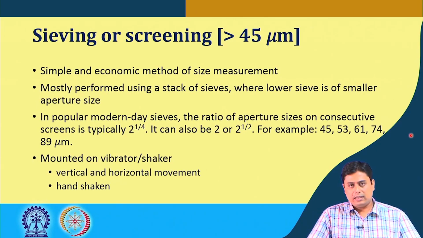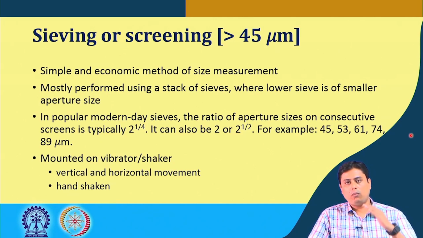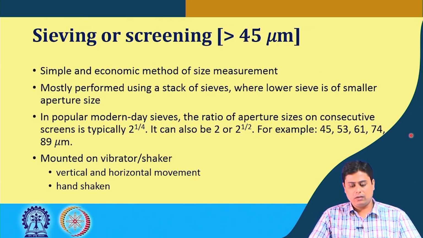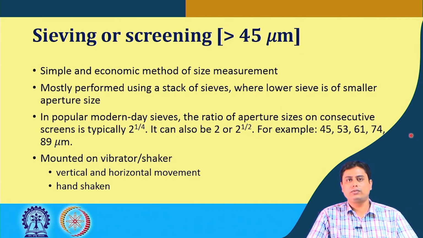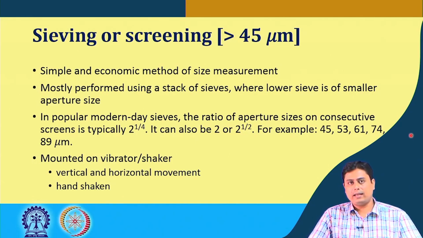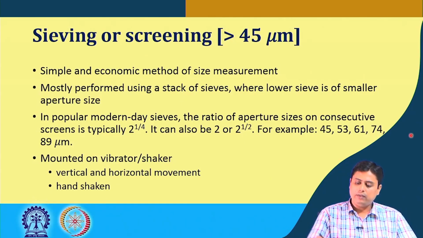So, these are the stacks of sieves, where the solids are first fed at the top, where the aperture sizes are bigger, and then consecutively smaller and smaller going down. In modern day applications and in the popular sieves, the ratio of aperture sizes on consecutive screens is typically the fourth root of 2, but it can also be 2 or the square root of 2. The popular sizes, as I have mentioned here, are 45, 53, 61, 74, 89.